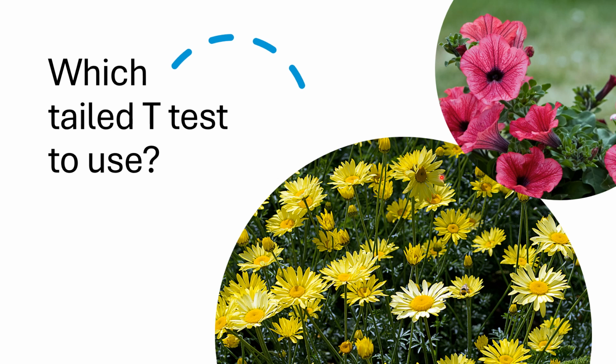Now, if we want to know if the yellow flower's petal length is greater than the pink flower's, then we are going to use a one-tailed t-test. If we need to measure the direction of inequality, how much inequality there is, then we use a one-tailed t-test. If we just want to know if the two groups are different, then we will use a two-tailed t-test.